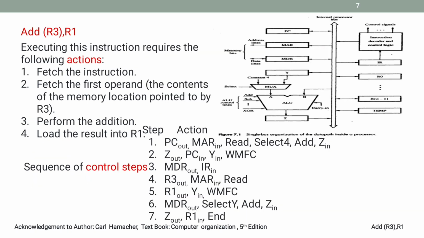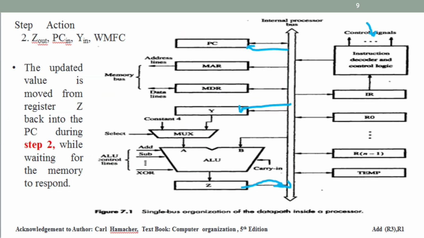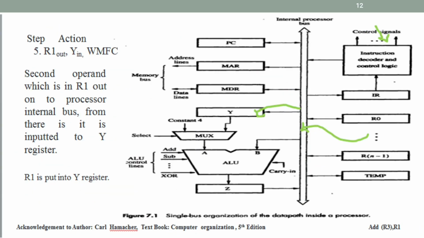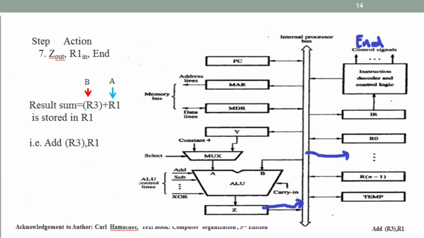Finally, continuing from the actions and control steps for the asked instruction, we explained the different steps of the control sequence, starting from first, second, third, fourth, fifth, sixth, and lastly seventh.